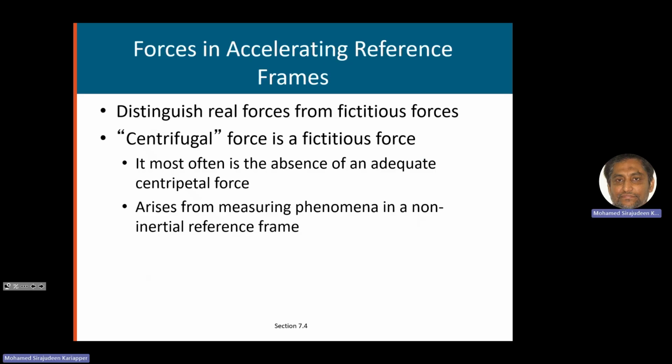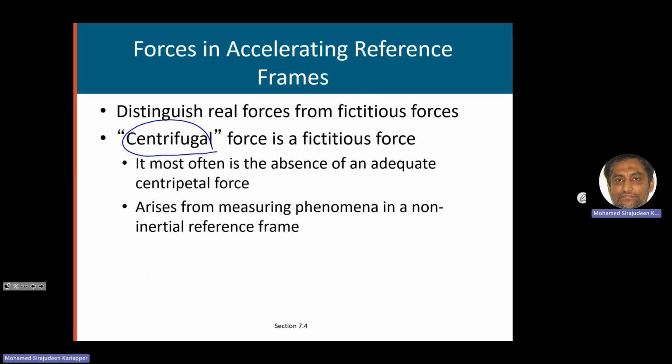When you go on a roller coaster ride, you feel you are being pushed away from the circular path, right? And people call it centrifugal force. But that's not actually a force. What is happening here is that the centripetal force that is needed is not enough. So you cannot stay in the circle, you will be pushed out.